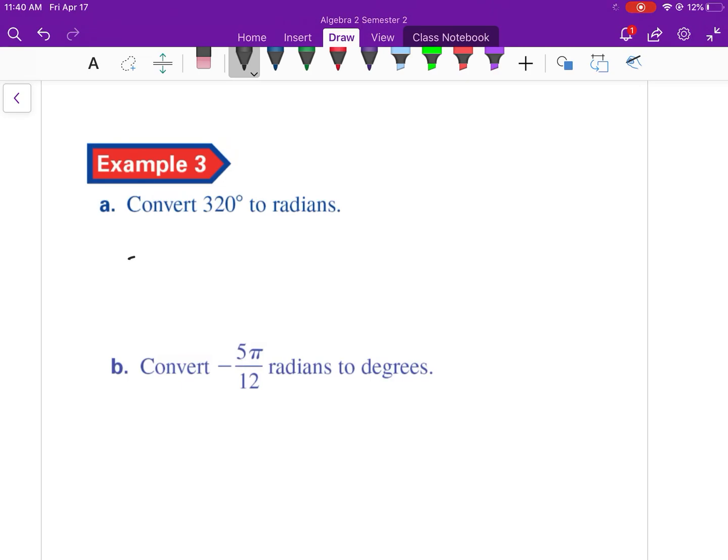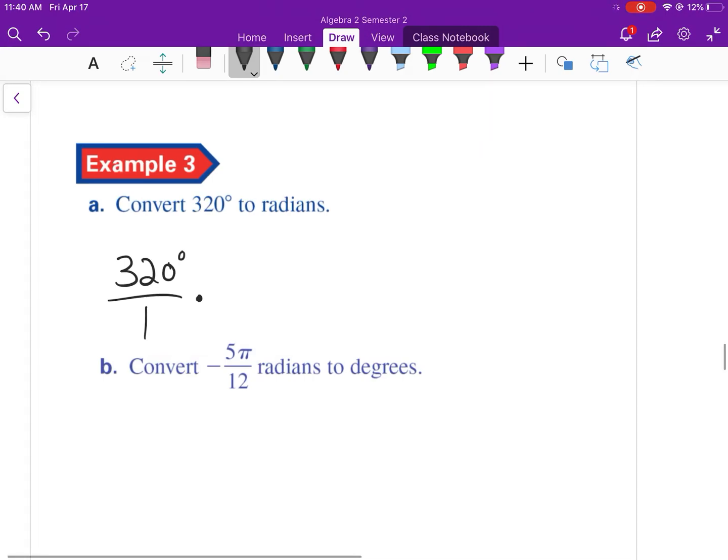An easy way to remember which conversion factor to use: if you start with 320 degrees, I can write 320 degrees over 1. We're always multiplying by that conversion factor. In this case, we need to get rid of the degrees, so degrees over degrees should cancel out. So the 180 should go on the bottom. Then just multiply across.